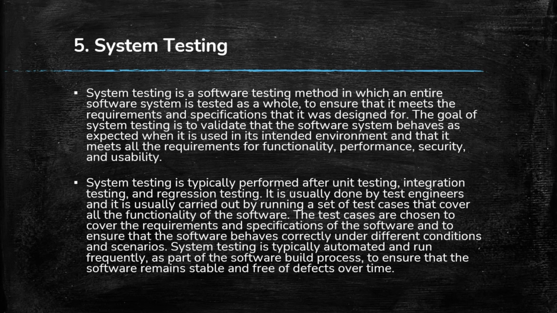This is the main goal of system testing, as it helps to ensure that the software behaves correctly when it is used in its intended environment. So, overall, system testing is an essential part of software development that helps to ensure the quality and reliability of the software by identifying defects early in the development process.